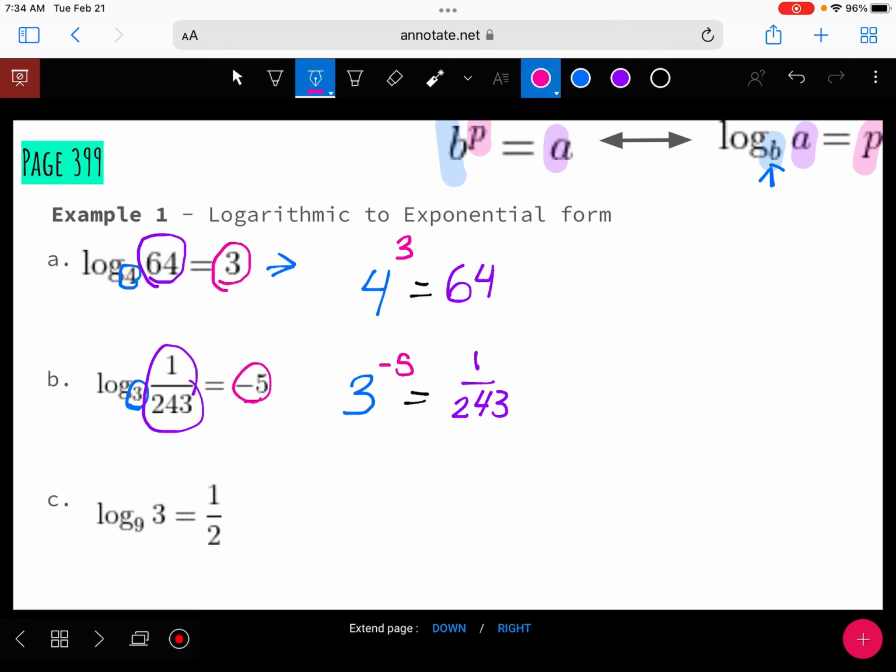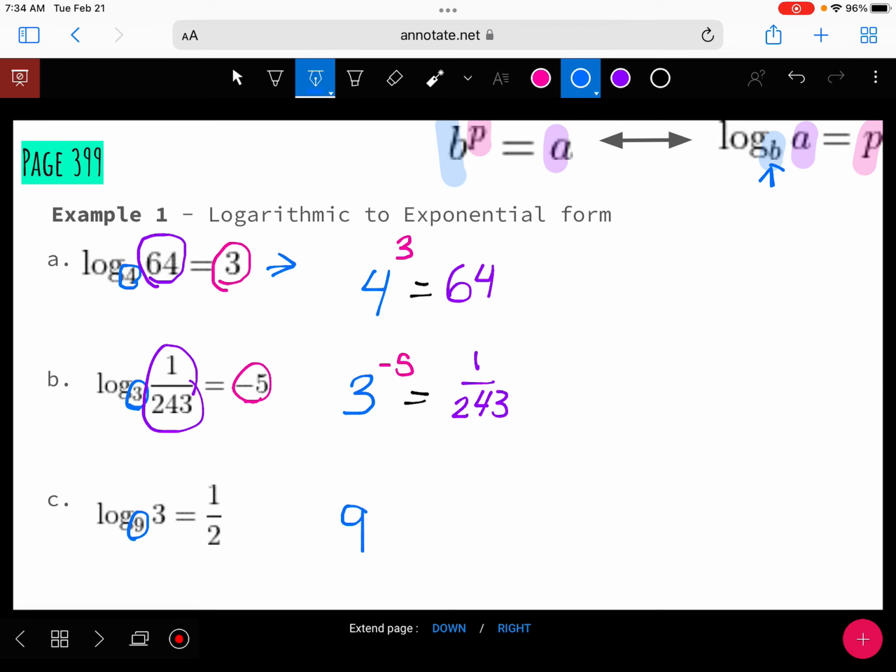I'm going to do one more of these and then go the other direction. So we've got our base here, base 9. That becomes the base of my exponent. Same word, same meaning. Base of the log is the base of the exponent.